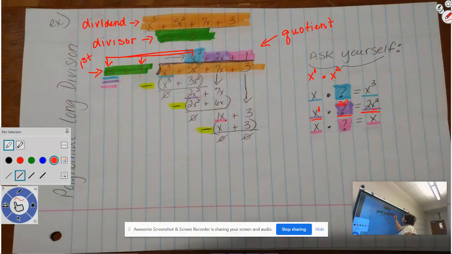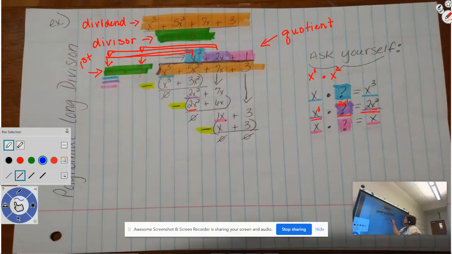So I'm going to write it right above my x terms, and then I'm going to do the same thing. I have to take this term times both numbers in my divisor. So 2x times x is 2x squared, plus 2x times 3x is 6x, and I'm going to subtract both of those.